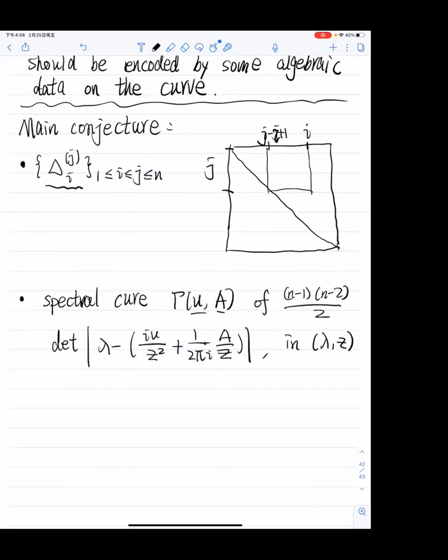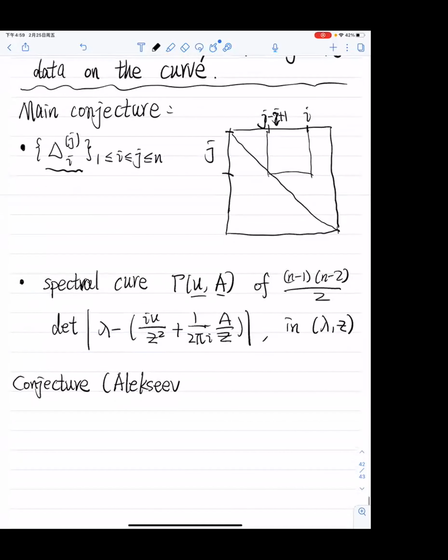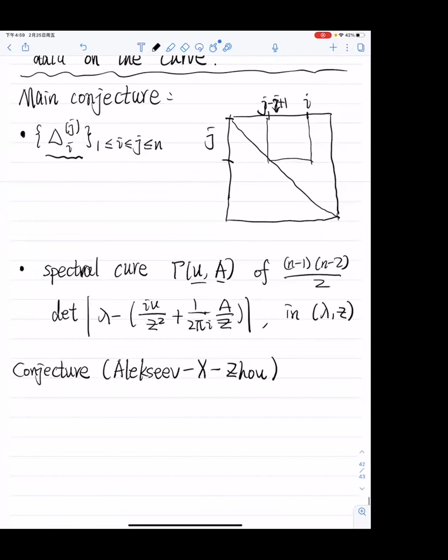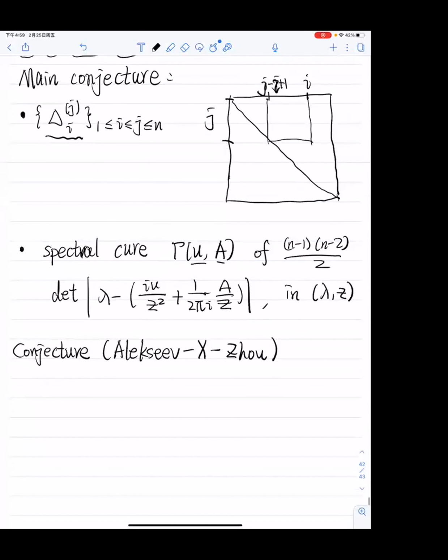Okay. And now the conjecture proposed by Anton, me, and Yan Zhou is the following. So this is a precise version of the fake analysis.